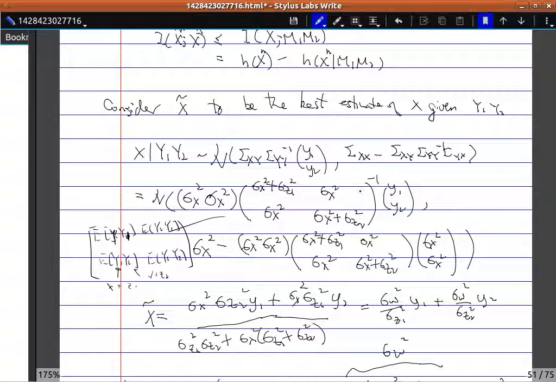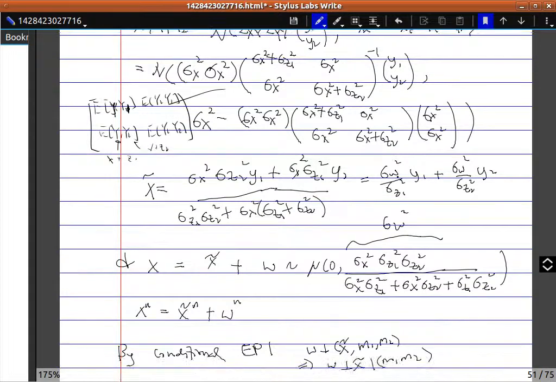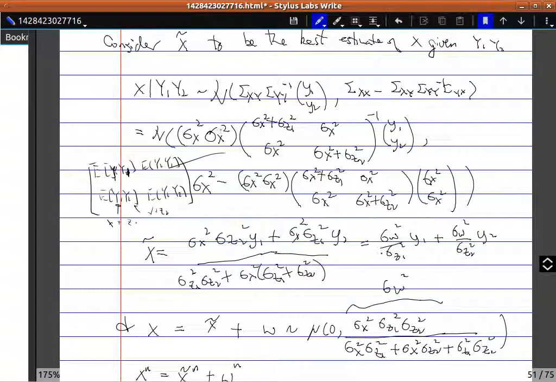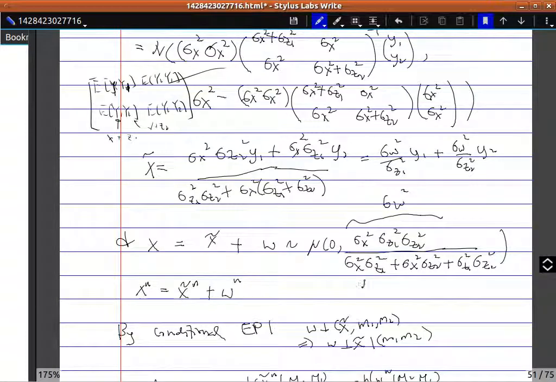So we compute the inverse for that and multiply by this guy, and eventually we'll find that this variance, let's call this w, will be just equal to this guy here, and this one is really something like 1 over sigma x squared plus 1 over sigma c1 squared plus 1 over sigma c2 squared, and inverse of that one.